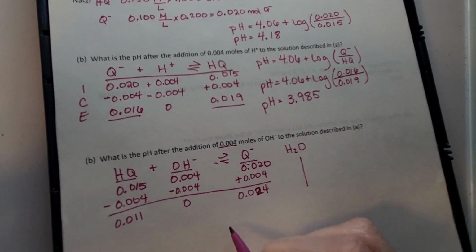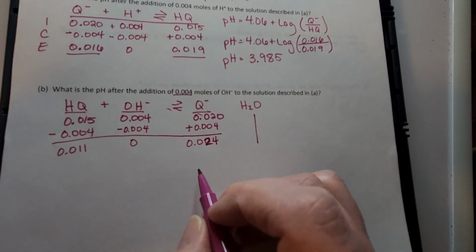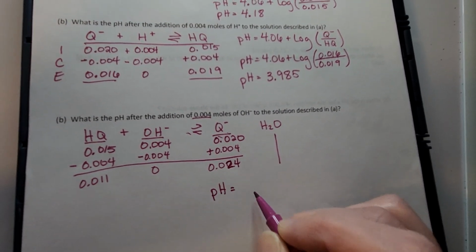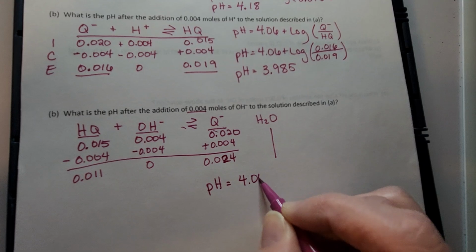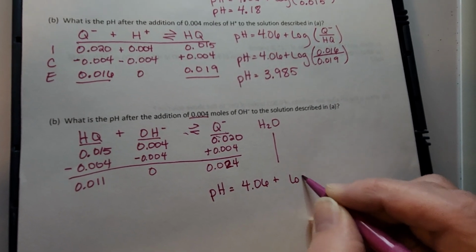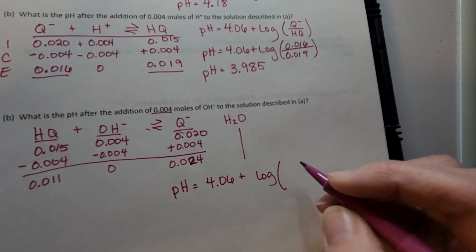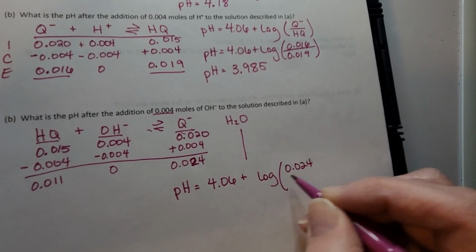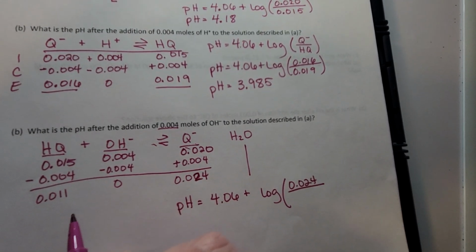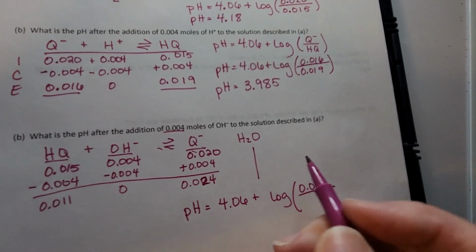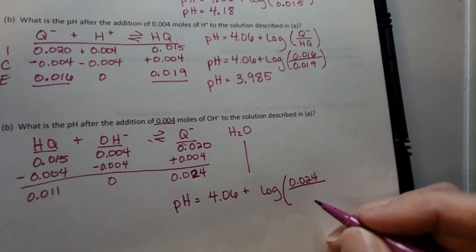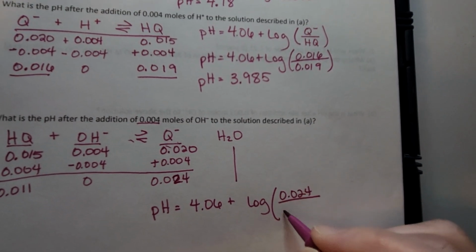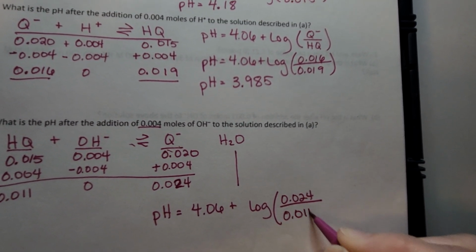And again, we're using our same pKa value of 4.06 plus the log of our Q minus, 0.024, over our HQ, which is 0.011.